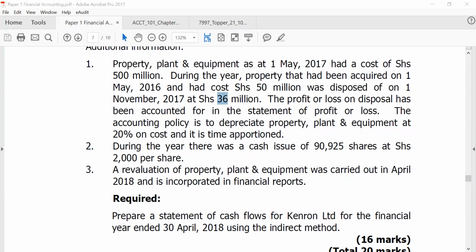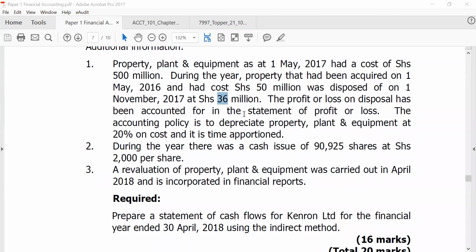So now what I'm going to do, remember, I'm running my account based on what? Based on net book values, okay? I'm handling my account based on net book values.